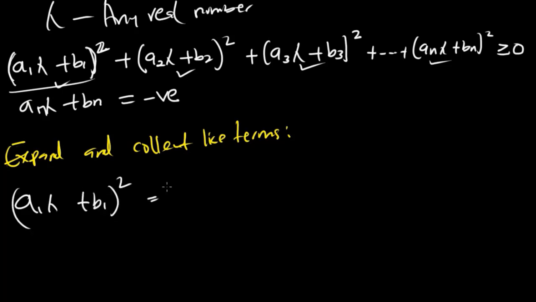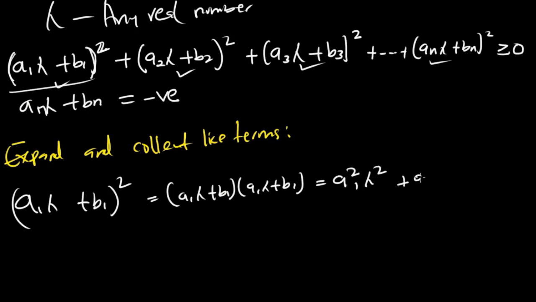So we can expand this by saying a1 lambda plus b1 times a1 lambda plus b1. So open this up, it is a1 squared lambda squared, plus a1 b1 lambda, plus again a1 b1 lambda, plus b1 squared.